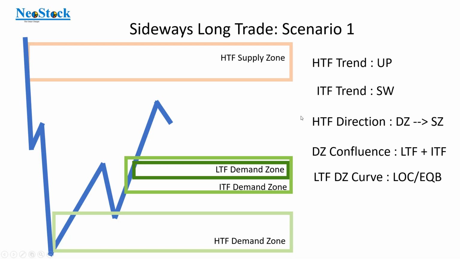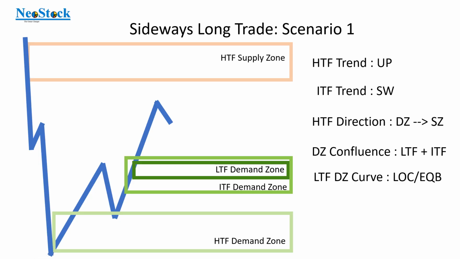So when these conditions are satisfied, then only you can plan a sideways long trade setup, when LTF demand zone curve is either low on the curve or equilibrium. And also remember, equilibrium scenario occurs only in this scenario. Remaining scenarios, the curve will always be low on the curve, that we will see in the next scenarios.